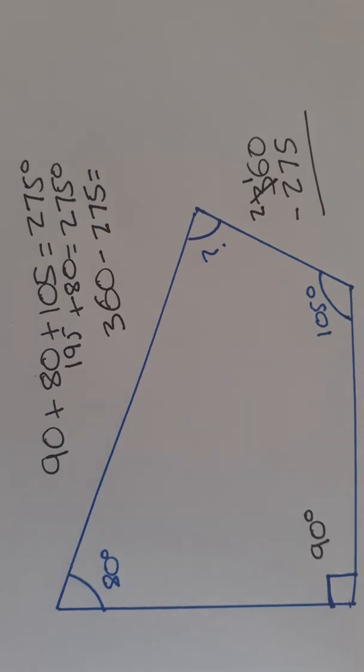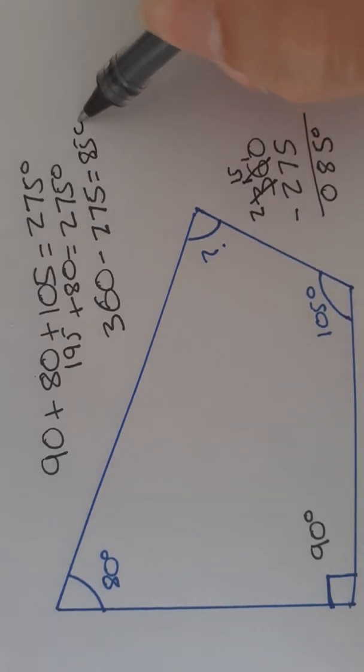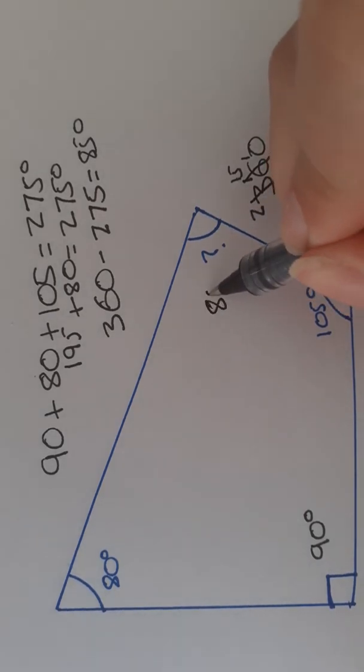Give my 1 to my 6. Borrow again, so that I can finally do this first one here, because we always start with the units. 10 take away 5 is 5, 15 take away 7 is 8, and 2 take away 2 is nothing. So that means my final angle is 85 degrees.